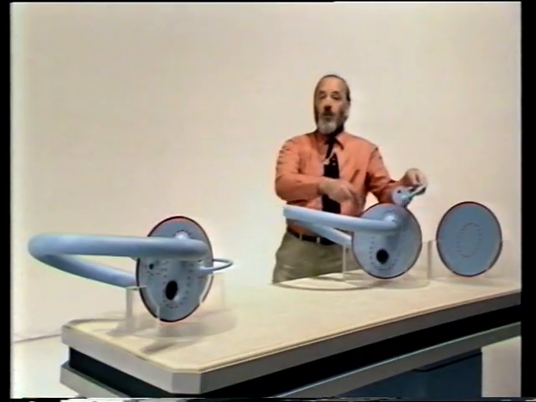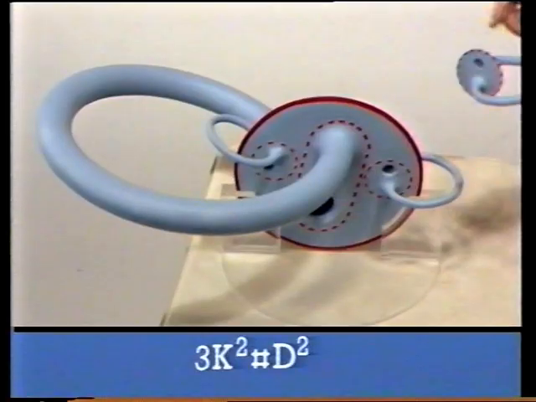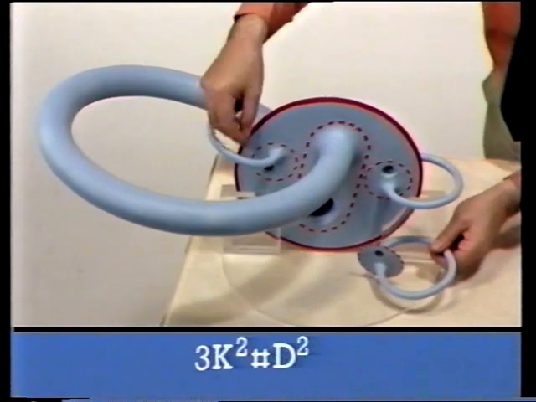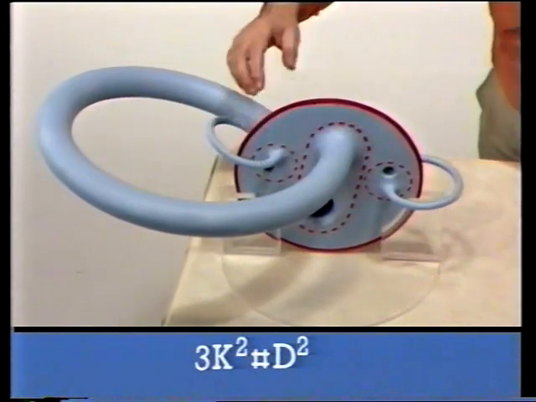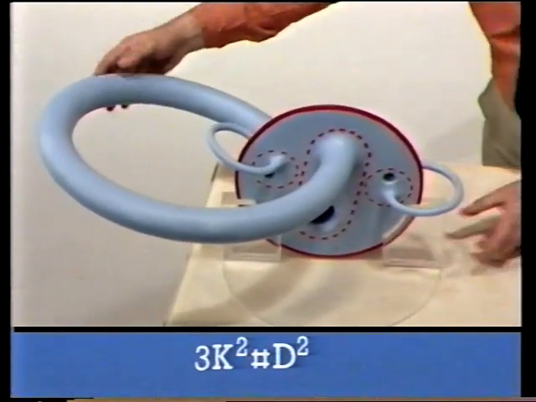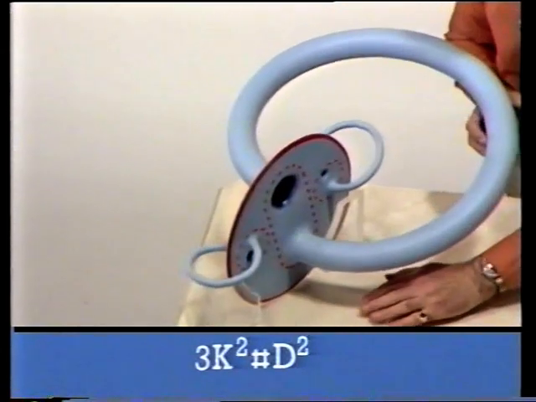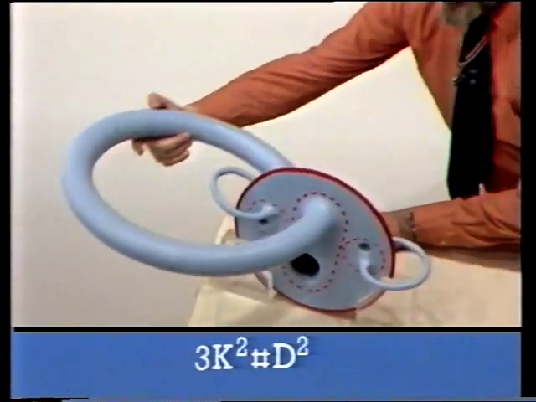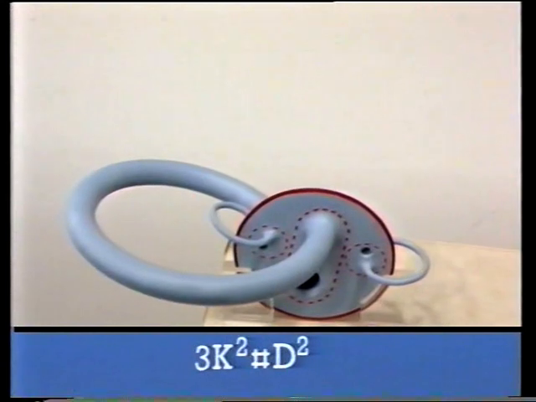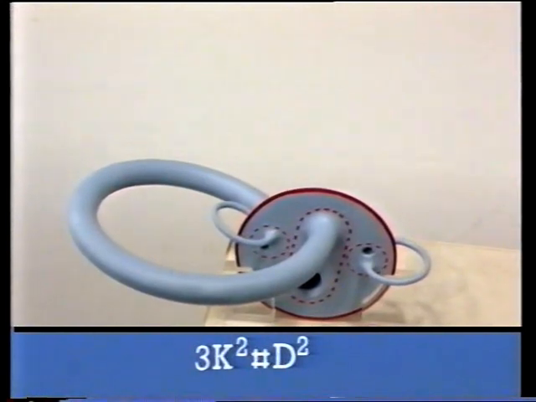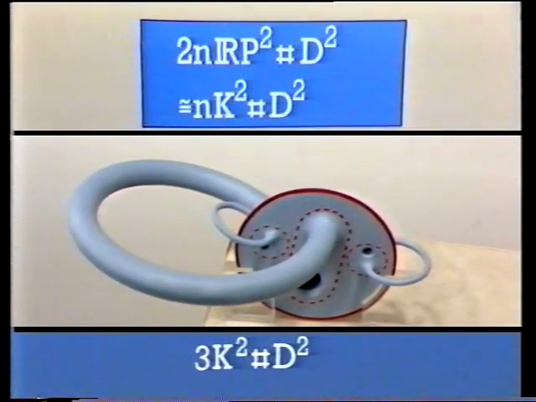In fact, I've got the one for n equals 3 here. That's 3 of these glued into 3 holes cut into this disc. In general, for an even number of projective planes, then, we just have a disc and n Klein bottles instead of 3.